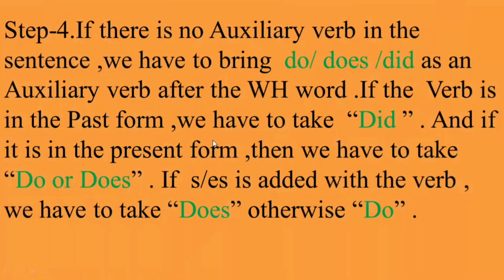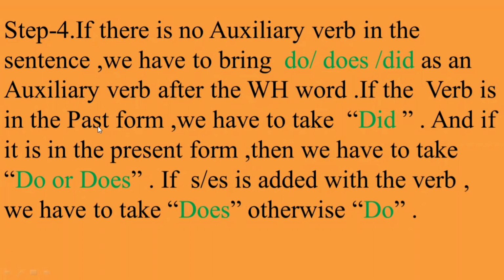Second one, my dear student, step 4. If there is no auxiliary verb in the sentence, we have to bring do, does, did as an auxiliary verb after the WH word. Again I'm saying, if there is no auxiliary verb in the sentence, then we have to bring do, does, did as an auxiliary verb after the WH word.